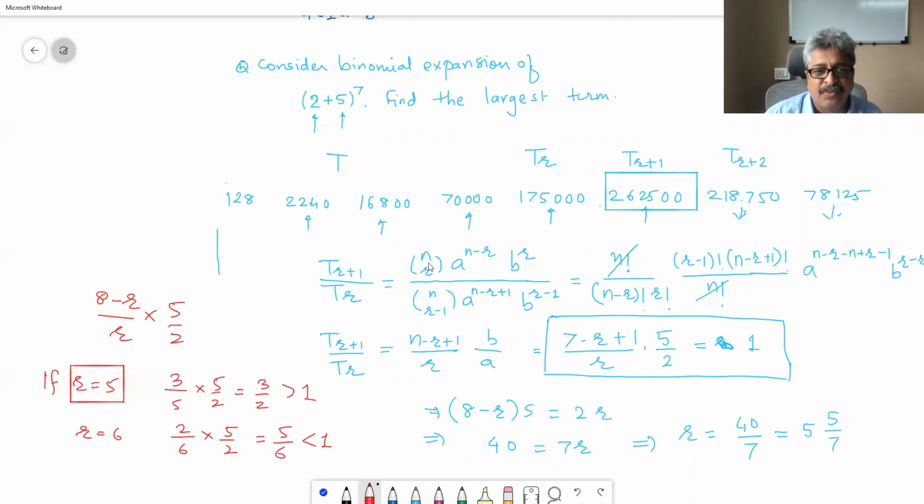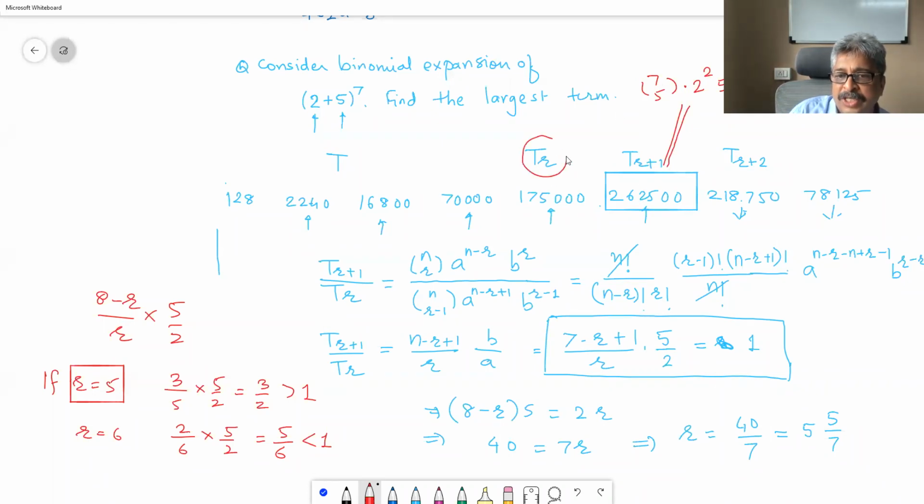Then our term T(r+1) can be found very quickly: 7 choose 5 into 2 raised to 7 minus 5 into 5 raised to 5. 7 choose 5 can be written as 7 choose 2, and I am sure you will get this value through multiplication.